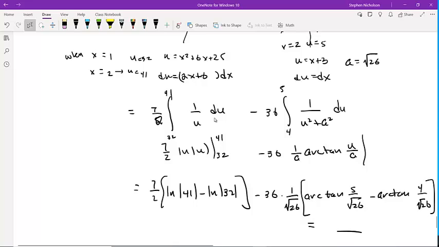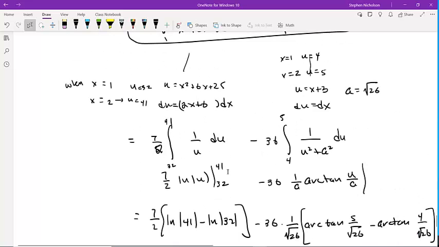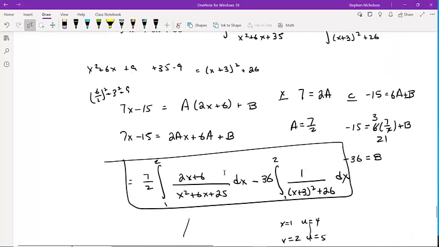And then you get some answer there. So I've worked it through with some numbers substituted in, but for this problem, that is what I was looking for on the test.